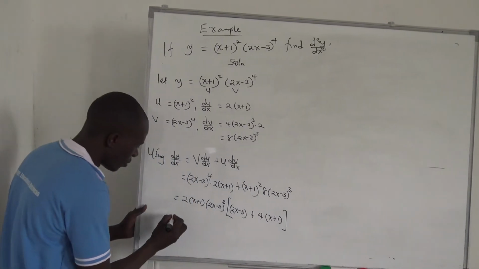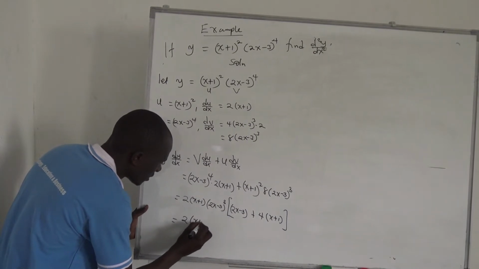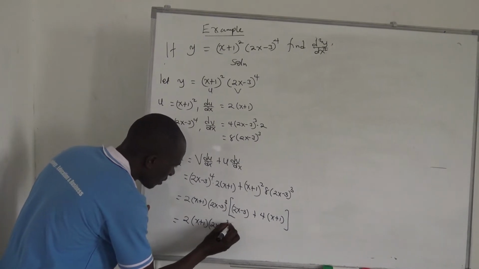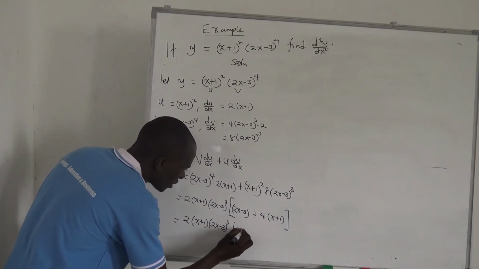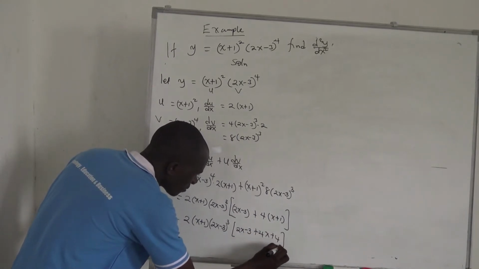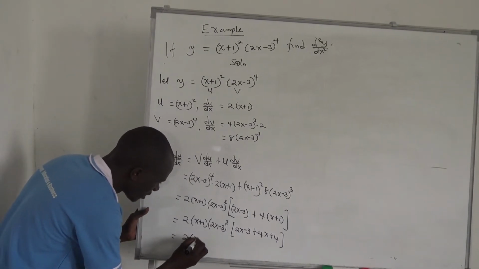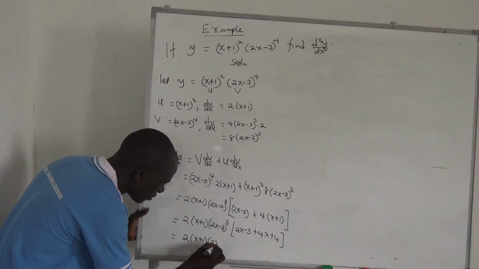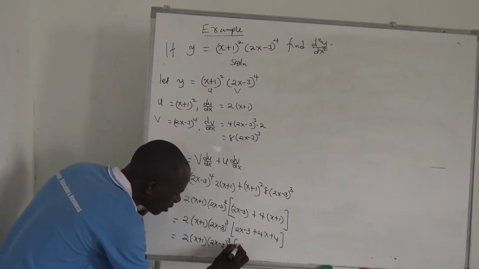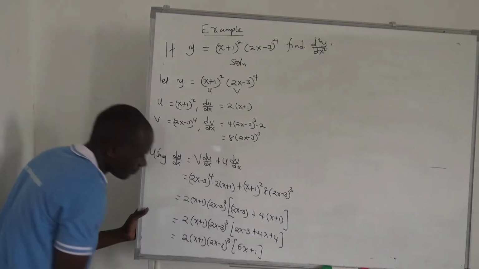So can we go ahead and open? We have 2 into (x plus 1) into (2x minus 3) to the power 3 into [2x minus 3 plus 4x plus 4]. This becomes 2 into (x plus 1) into (2x minus 3) to the power 3 into (6x plus 1).